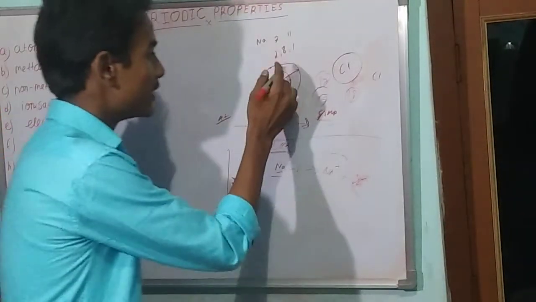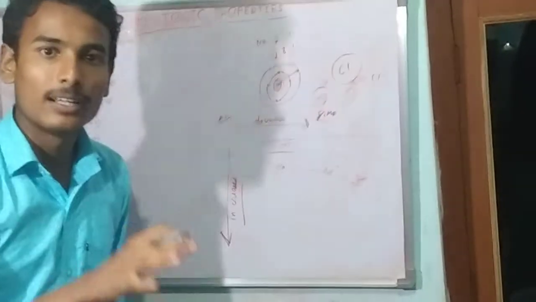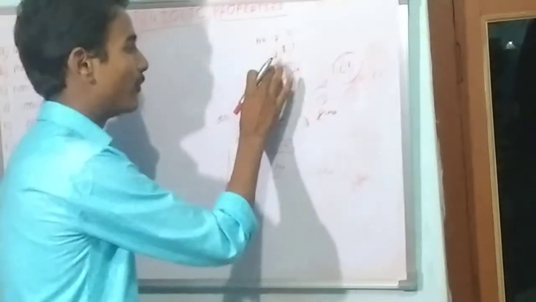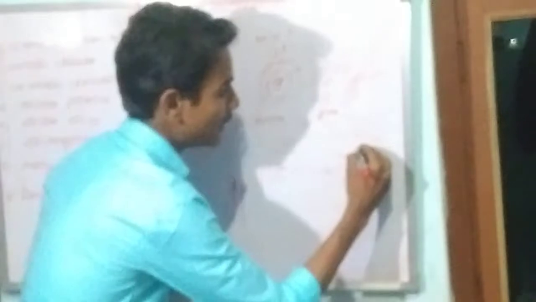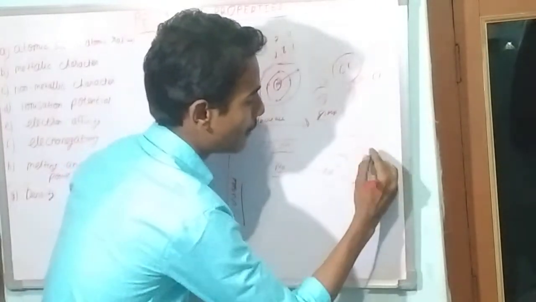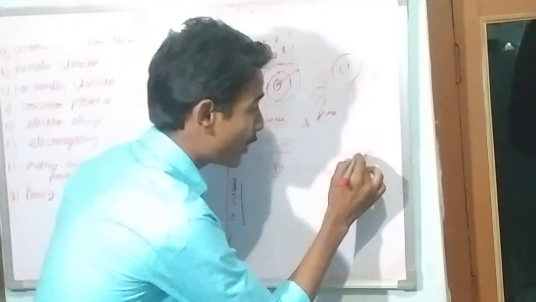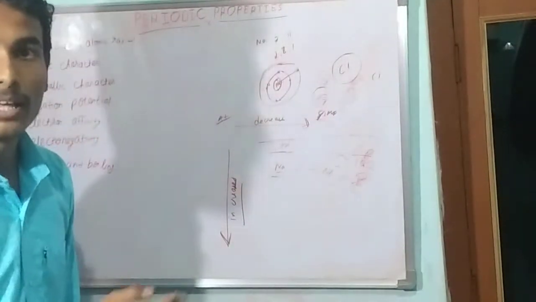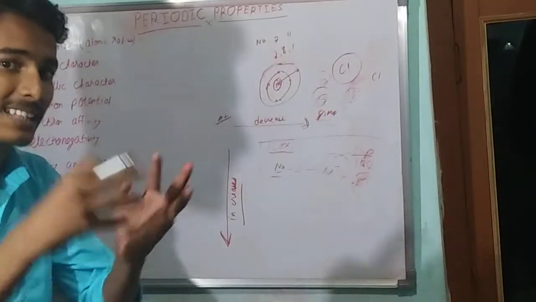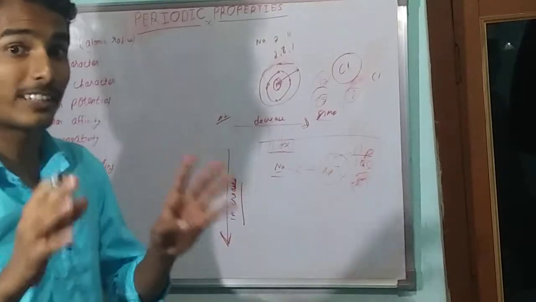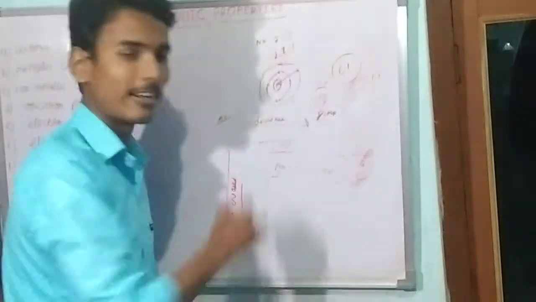Na+ contains 11 protons and 10 electrons. Now the number of protons is greater relative to electrons, so the nuclear charge is more, and the atomic size decreases. I think now you understand why the parent atom is larger than the cation.